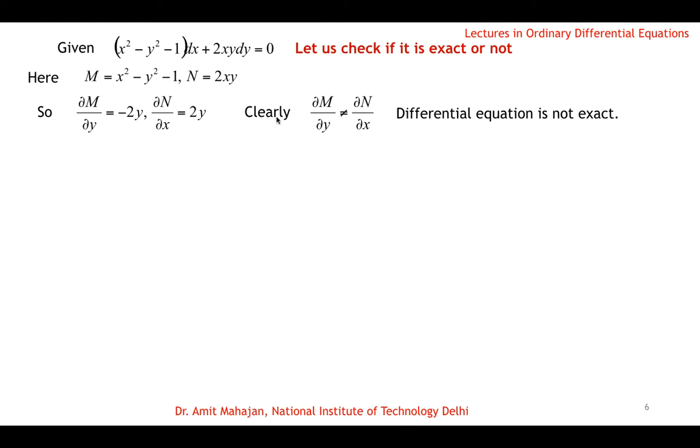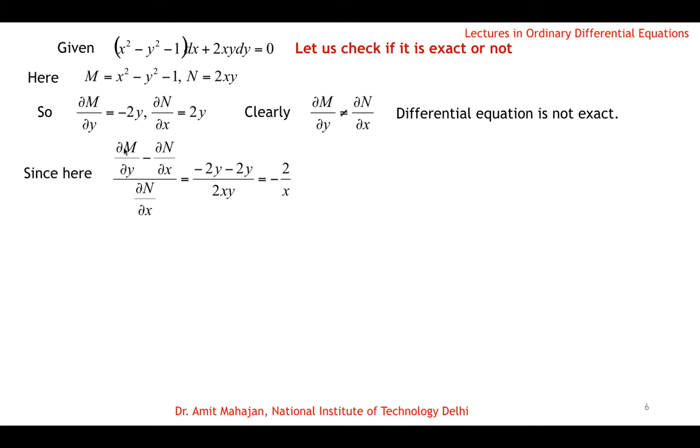Now to make the differential equation exact, we can try to find an integrating factor. So if we see that ∂M/∂y − ∂N/∂x is −4y, divided by N, which is 2xy, the y cancels out, so it's a function of x only.